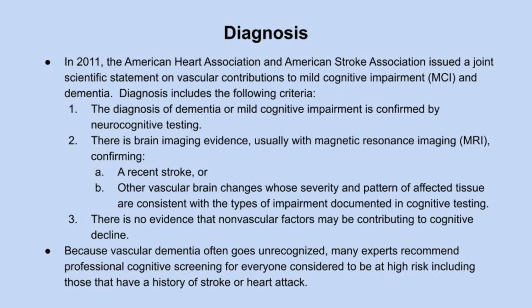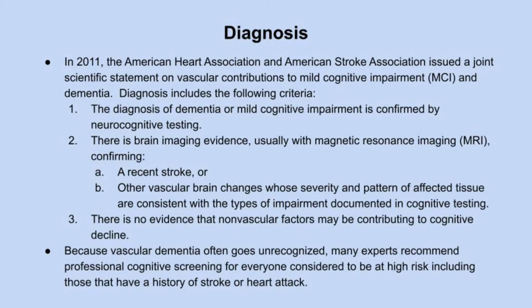As far as diagnosis, in 2011, the American Heart Association and the American Stroke Association issued a joint scientific statement on vascular contributions to mild cognitive impairment and dementia. The diagnosis includes the following criteria. So the diagnosis of dementia or mild cognitive impairment is confirmed by neurocognitive testing.